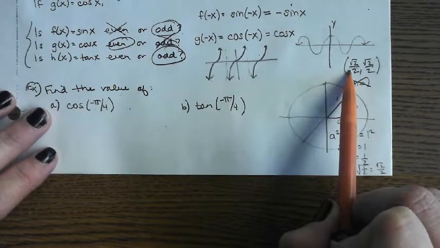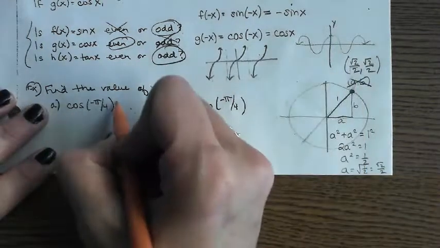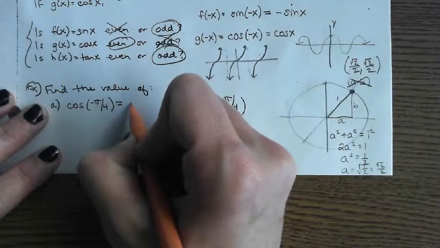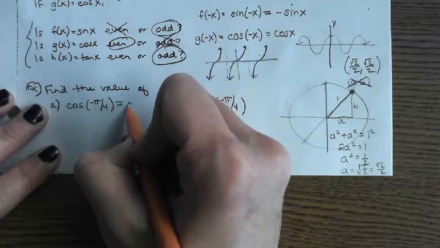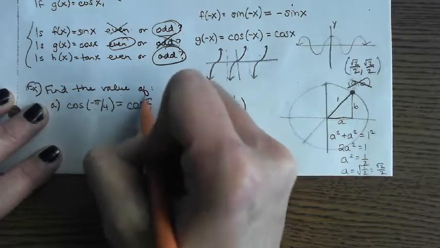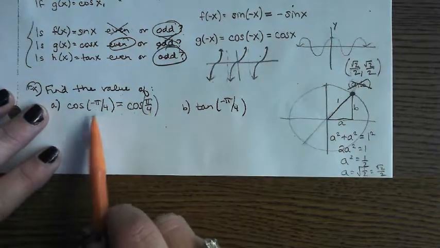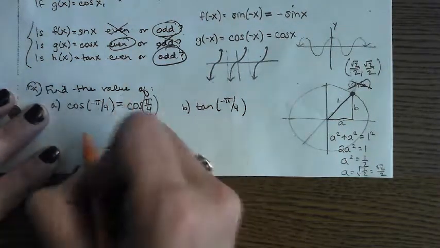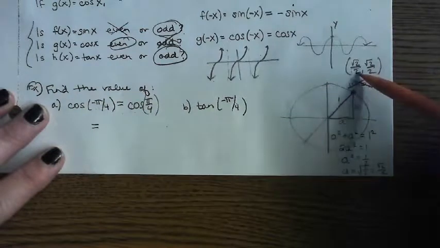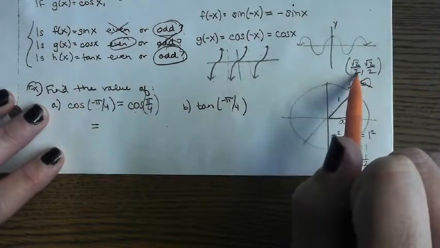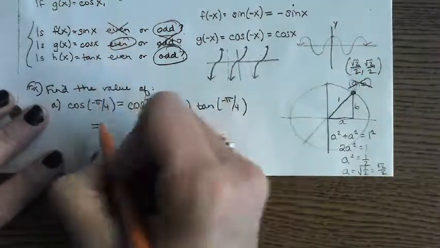It was what? Even. So this should be equivalent to just the cosine of pi over 4, right? That's what it means to be even. The original version versus the negated version should still be the same answer. And the cosine of pi over 4 is the x-coordinate, root 2 over 2.